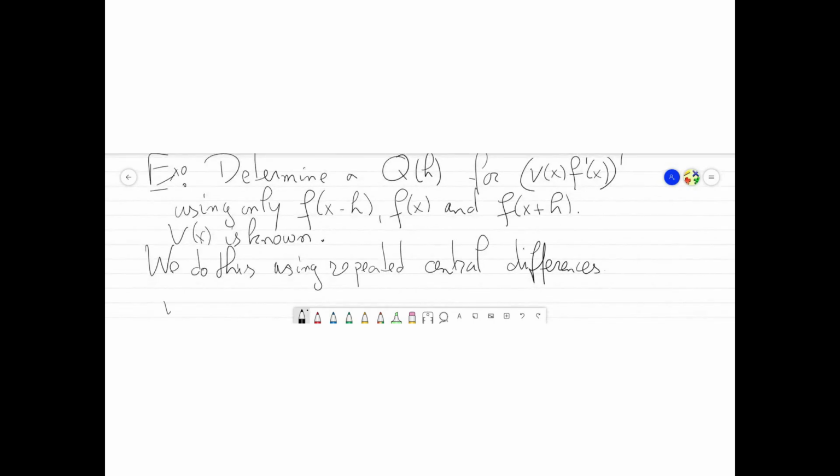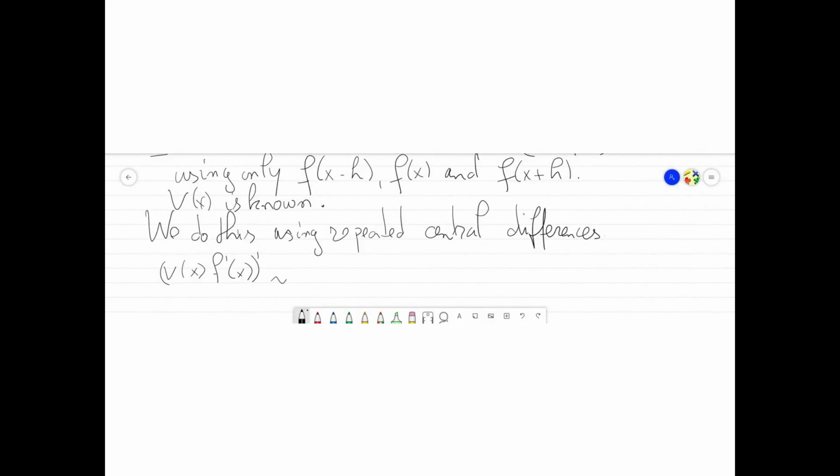So I'm going to write down v of x times f prime of x, and then take another prime. And that's approximated using a simple central difference, and then for first derivatives. So basically, this thingy in between, that's just some function g of x. So I'm basically looking at, I want to know g prime of x.